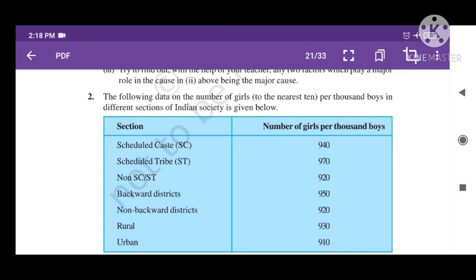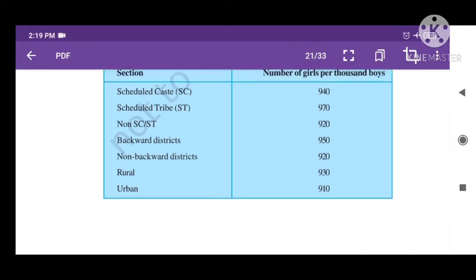In the same way, here I take 1 unit equal to 100 girls per 1000 boys. All the conditions belong to 900 to 1000. So between 900 and 1000, you can take 910, 920, 930, 940, 950.